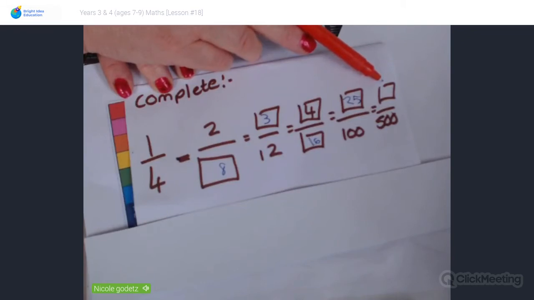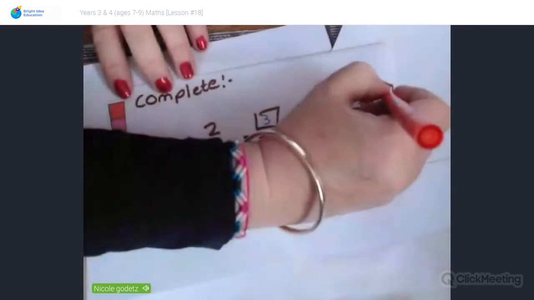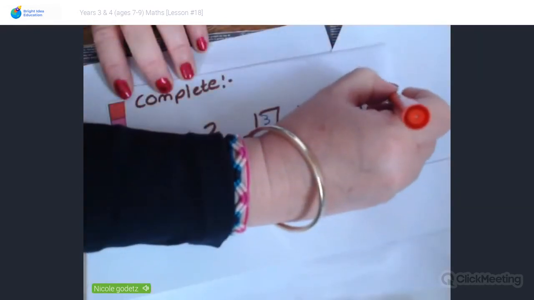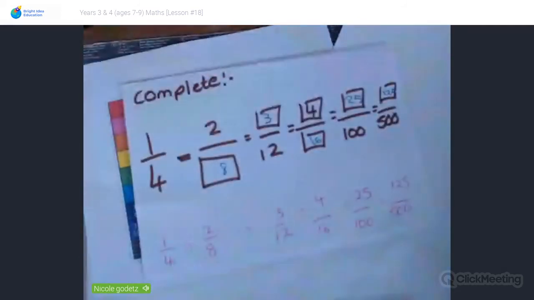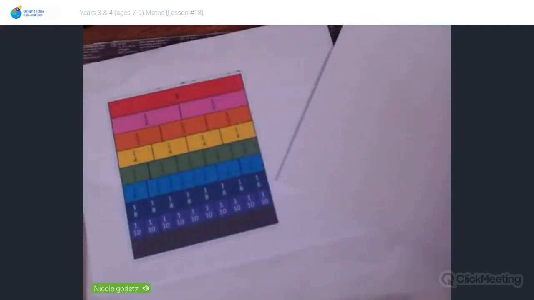Not 250. 250 would be half. Thank you. 125. Okay, so all of those, the ratio is the same, keeping that ratio the same.